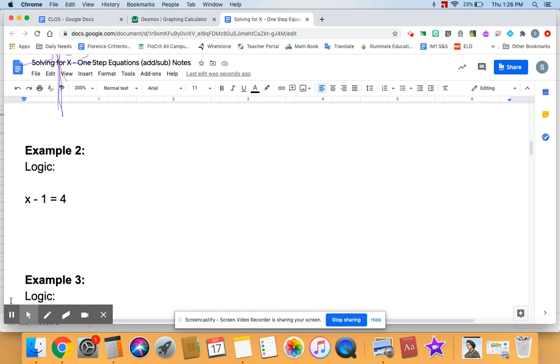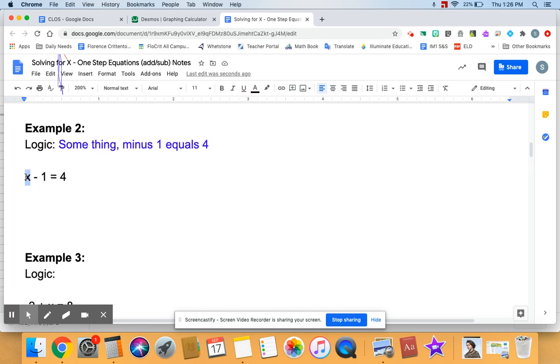Let's do another one. Logically, x is some number we don't know, minus 1 equals 4. What number, when I minus 1 away, is going to equal 4? The answer is 5, because 5 minus 1 is 4. But if I didn't know that, and I need to isolate x to figure it out, the inverse of subtracting 1 is what?